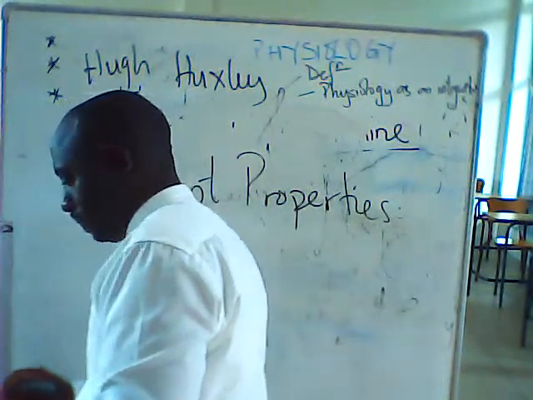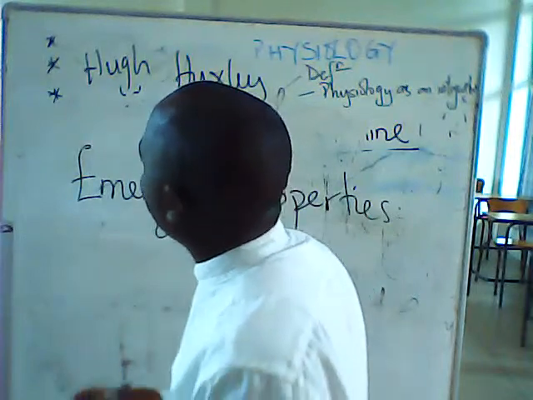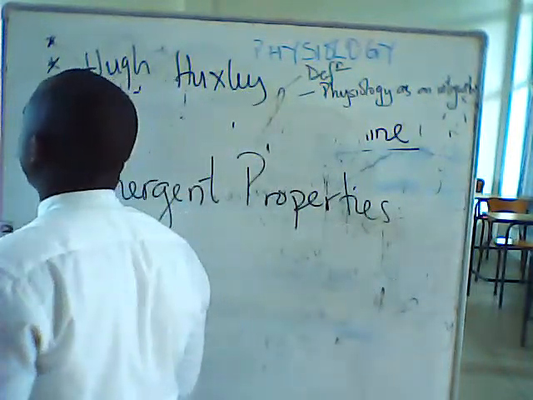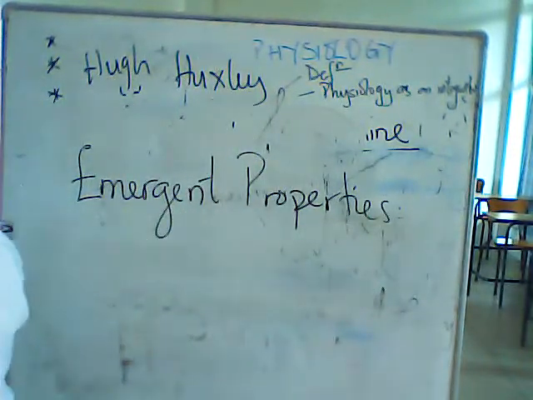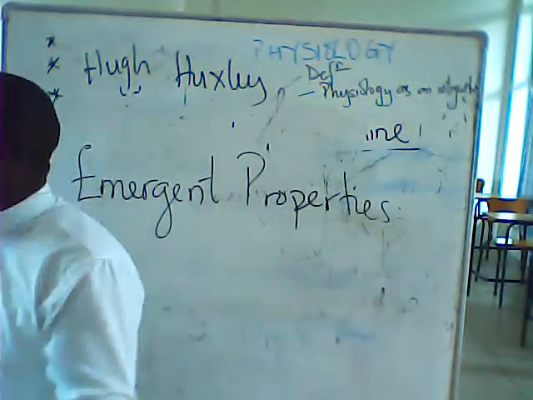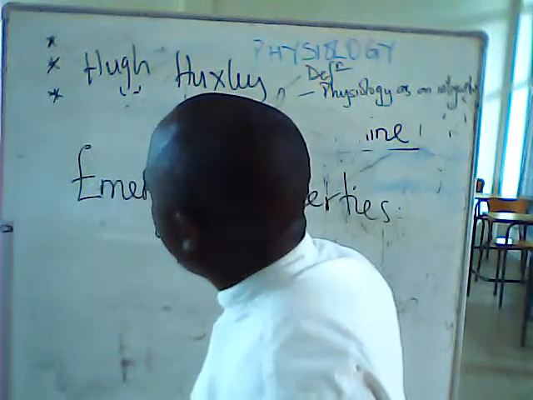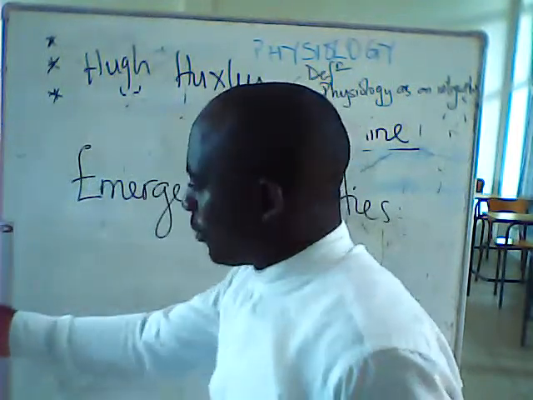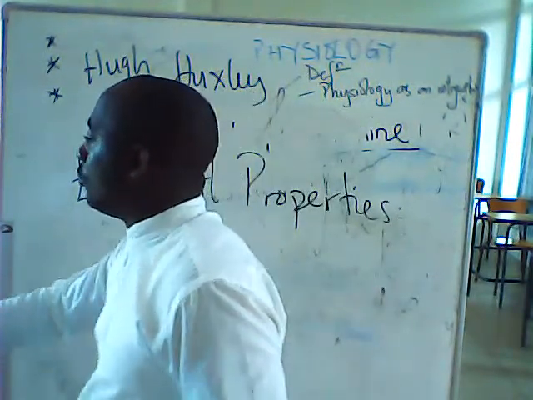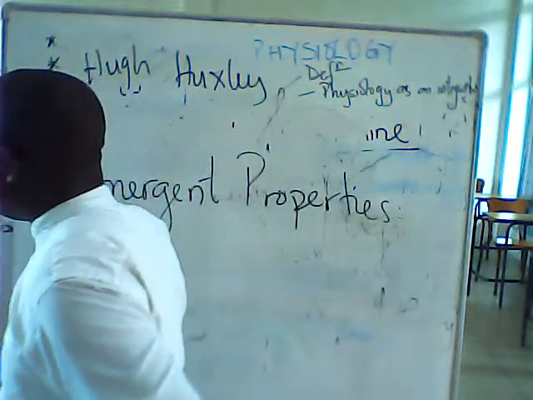What is the function of a nerve? To transmit impulses, isn't it? To transmit impulses, to integrate, and to respond. And what are the parts of the nerve? You have the soma, you have the axon, you have the dendrite.